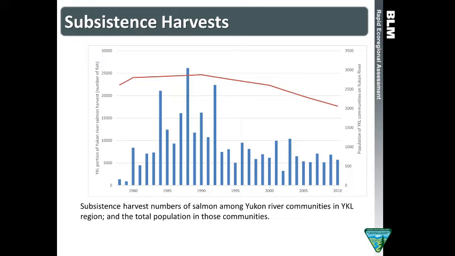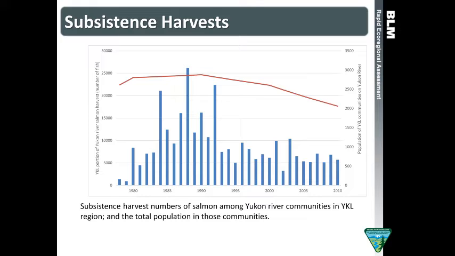Real quickly, this is another example I just picked to show something interesting. This line is the population within the communities on the Yukon River within YKL, and the blue bars are the YKL salmon harvest on the Yukon River.